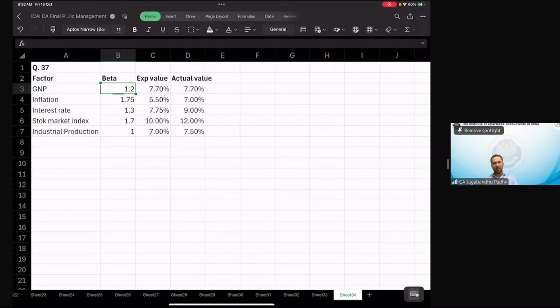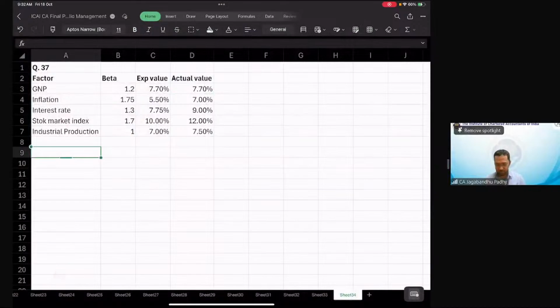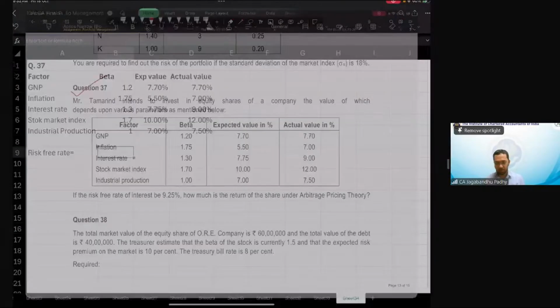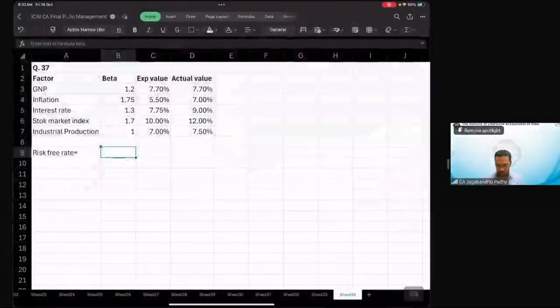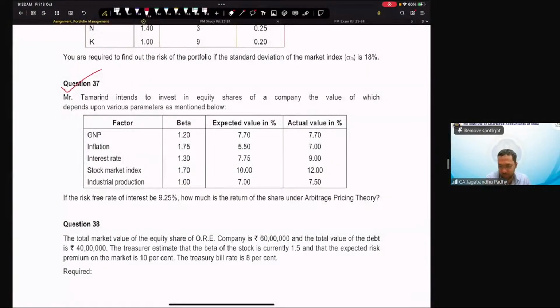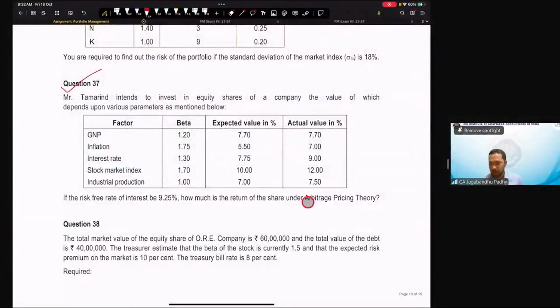Now we know the betas. Obviously the risk-free rate is also given to us. The risk-free rate is 9.25%. We need to get the return of the share under the arbitrage pricing theory. So how do we get this return?